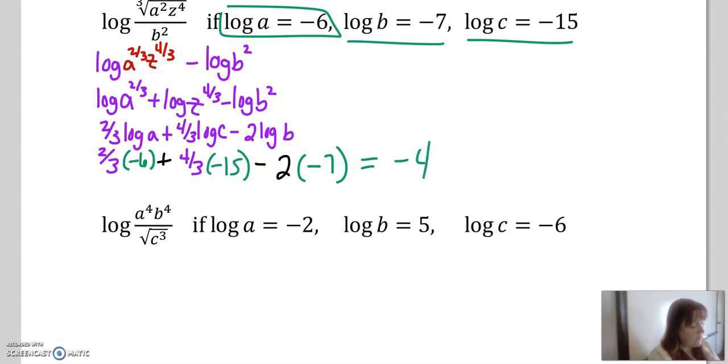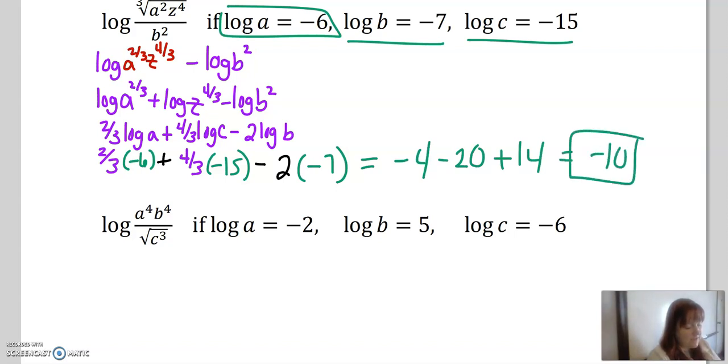Okay, and then 4/3 times -15. The 3's are going to cancel out, and we're just going to have 4 times 5, which is -20. And then that's going to be plus 14. So we're going to have -24 plus 14, which is -10.